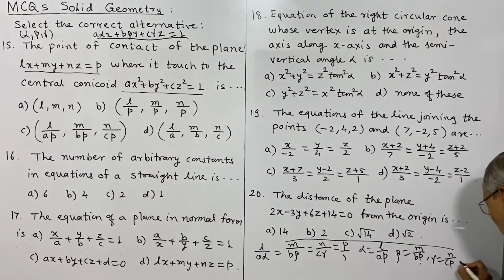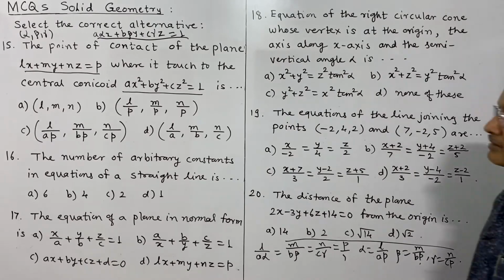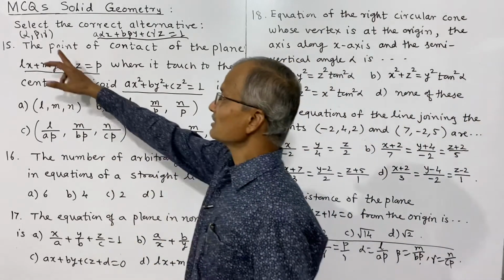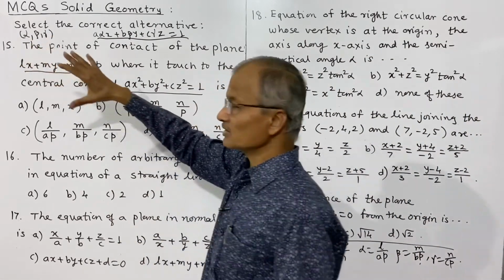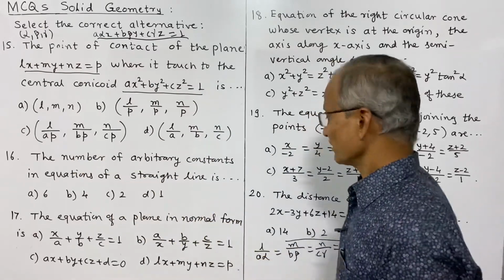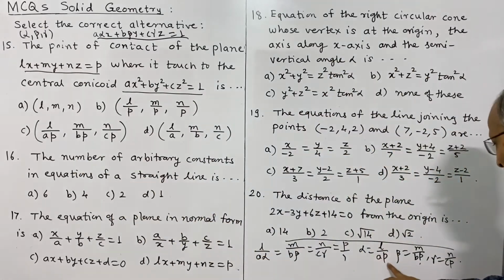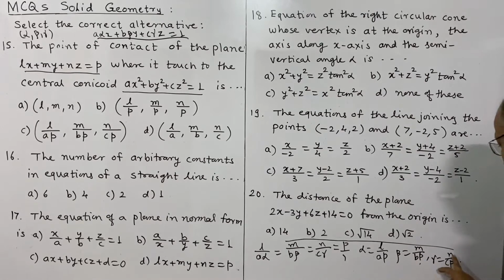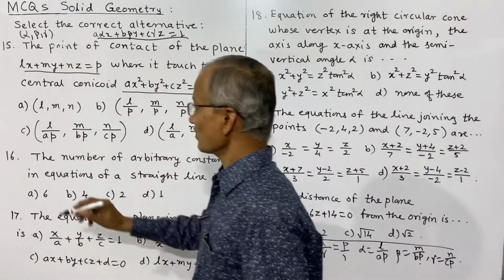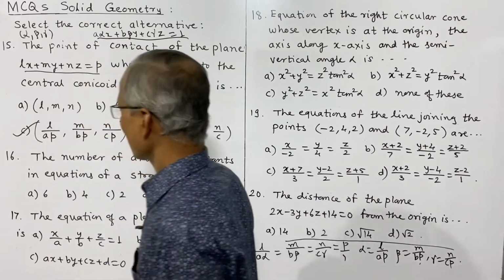So this is actually the point of contact. What we have done is taken the point alpha, beta, gamma. This is actually the theory part, and therefore the result is L upon AP, comma, M upon BP, comma, N upon CP. This is the point of contact.